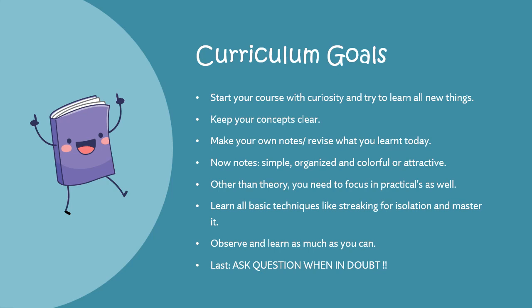Aim for that. Learn these techniques and master them, then observe and learn as much as you can. Try to relate whatever you learn in practicals with the theory, right? And last, ask questions when in doubt and get it clarified then and there.